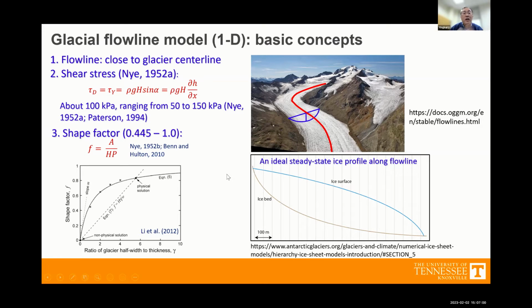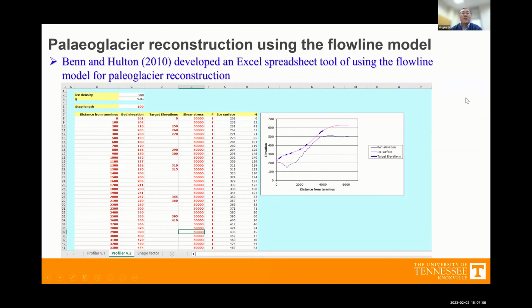We have known this equation for the ice surface profile for a long time, but it was Benn and Hulton's work in 2010 that really brought us to use this in geomorphology, developing this Excel-based flowline model. This is a screenshot of the Excel-based model. They actually created two profiles, one simple and another more complicated.